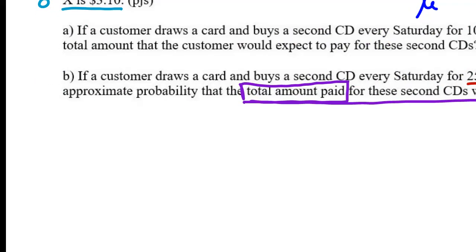We have to make an assumption right at the beginning if we're going to move forward with this. How many weeks are we sampling? 25. Is that enough to meet our central limit theorem condition? No. Do we have a dot plot of the data? No, so we're going to have to proceed with caution.